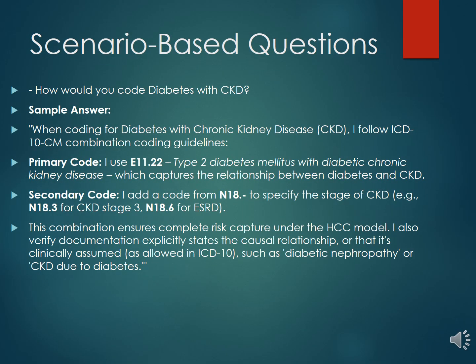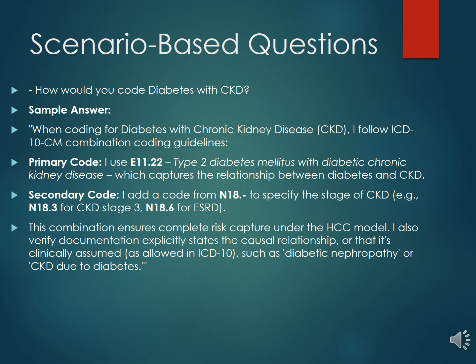Scenario based questions. How would you code diabetes with CKD? Sample answer: When coding for diabetes with chronic kidney disease, CKD, I follow ICD-10-CM combination coding guidelines. Primary code I use E11.22, type 2 diabetes mellitus with diabetic chronic kidney disease, which captures the relationship between diabetes and CKD.